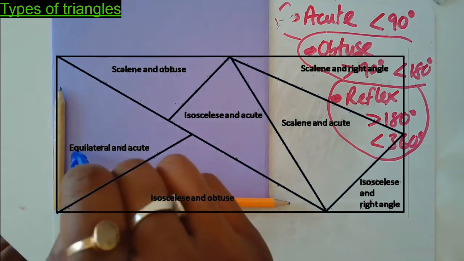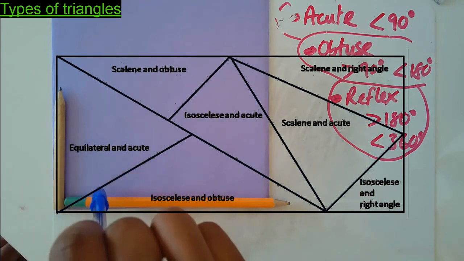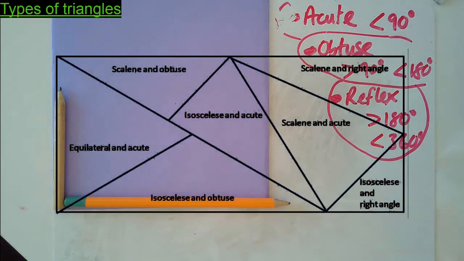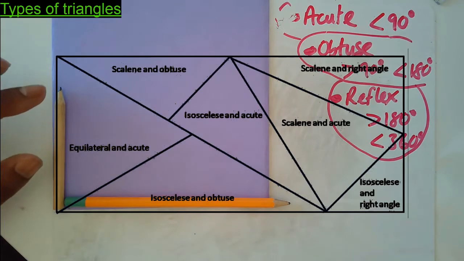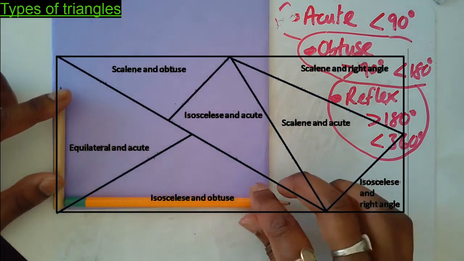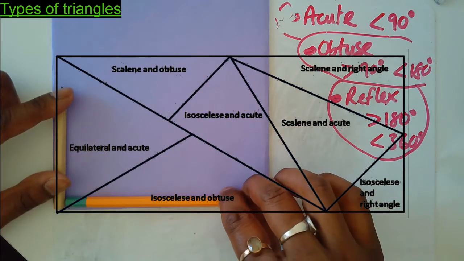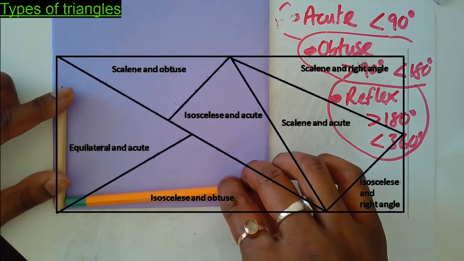Now, all of that is 90 degrees as I've just said. But remember, I just want to measure this angle over here, just that bit there, that corner. So if I start moving this pencil, now it automatically becomes acute, it's less than 90 degrees.